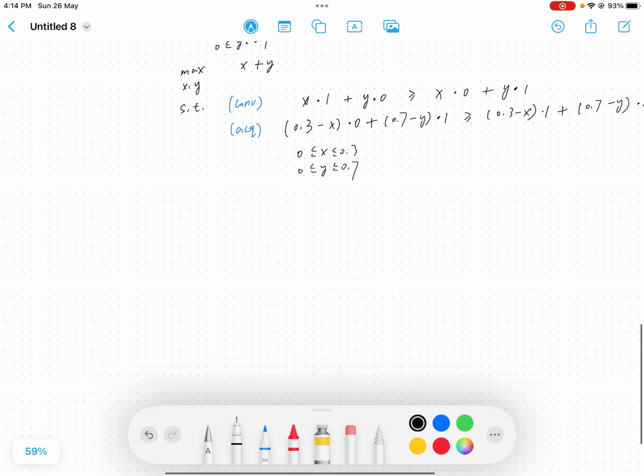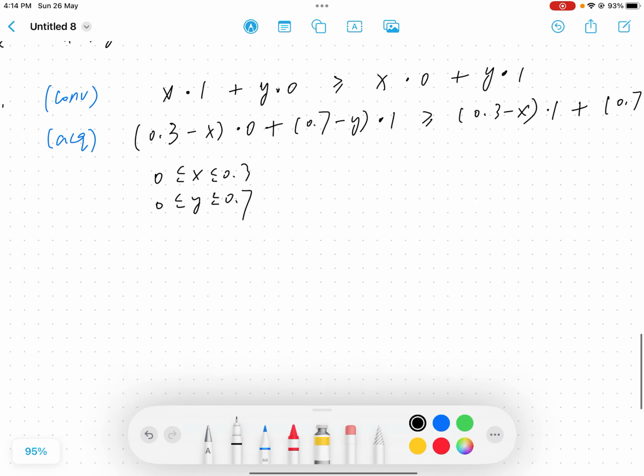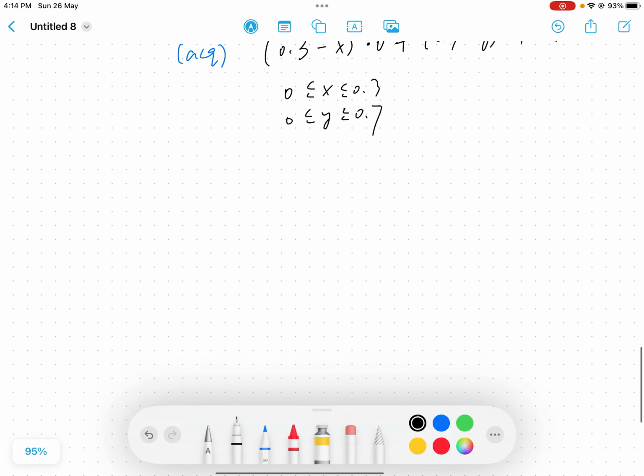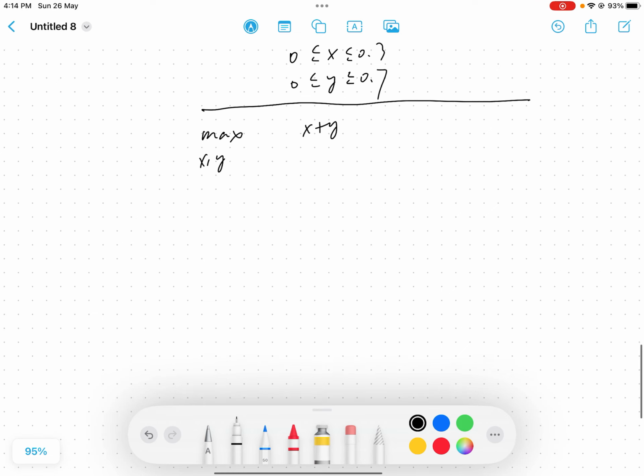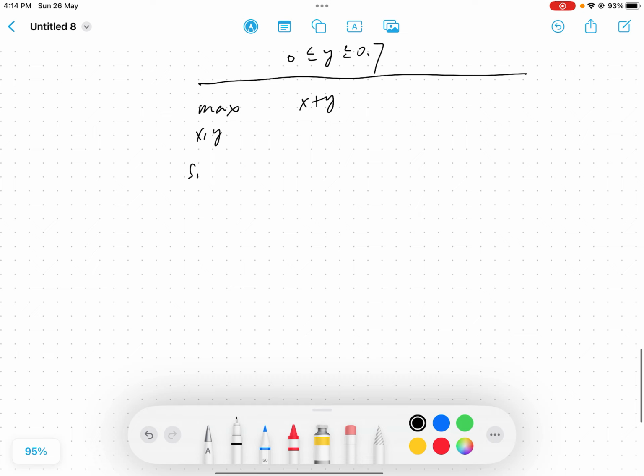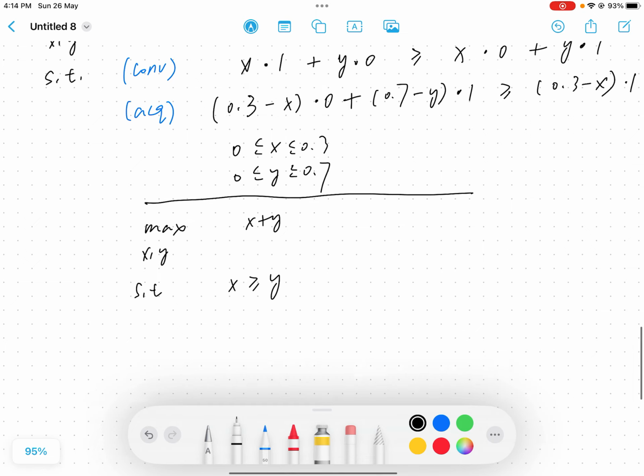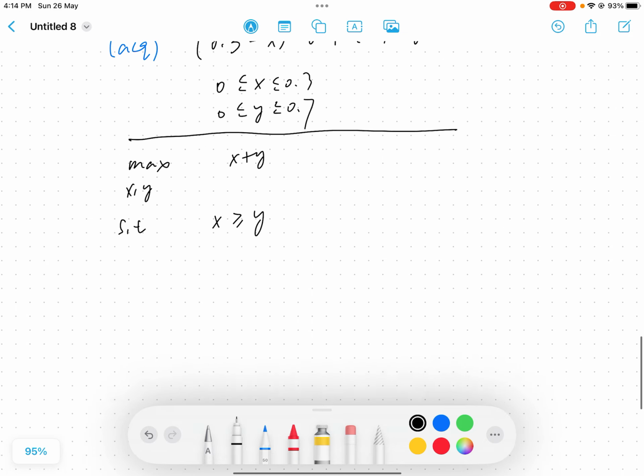Now let's start to solve this problem. This simply becomes maximization with x and y, where the objective is x plus y, subject to x greater than or equal to y, which we derive from the first inequality.